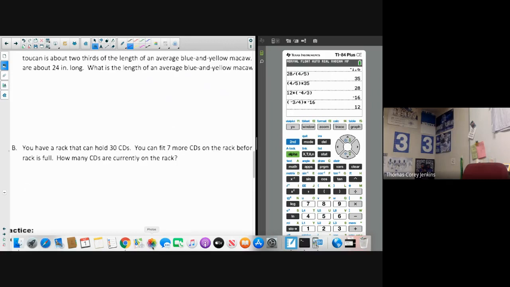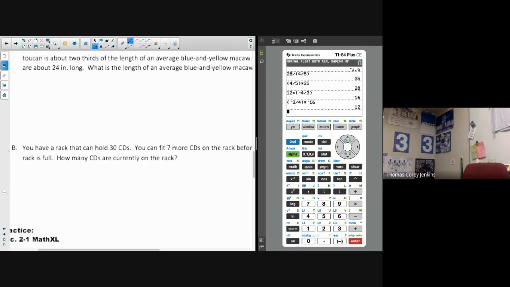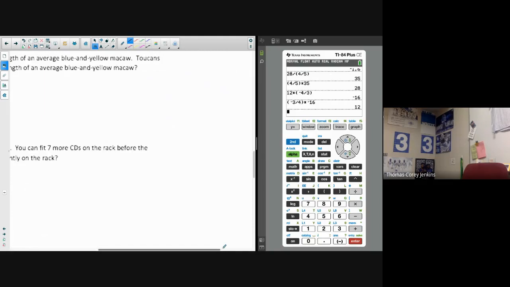Okay, so on a story problem, when you are trying to write an equation, it's a really important step to define your variable. So what are we trying to find? I always tell my students to look right before the equal sign, right? So it wants to know the length of a blue and yellow macaw.